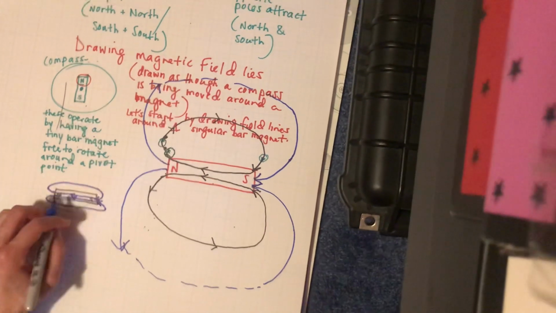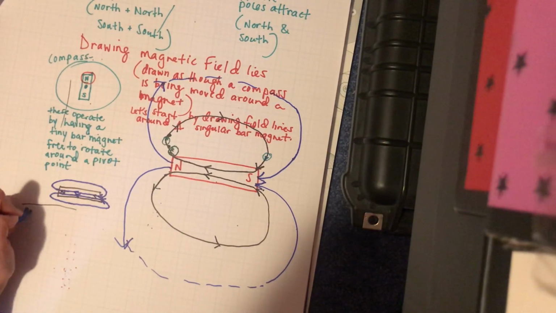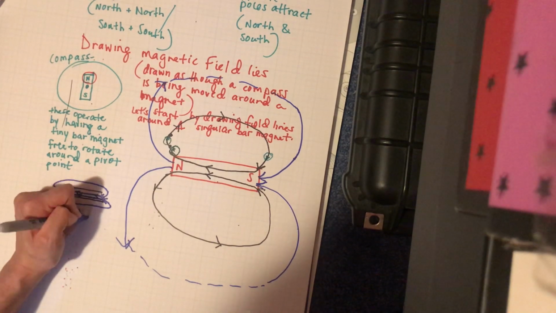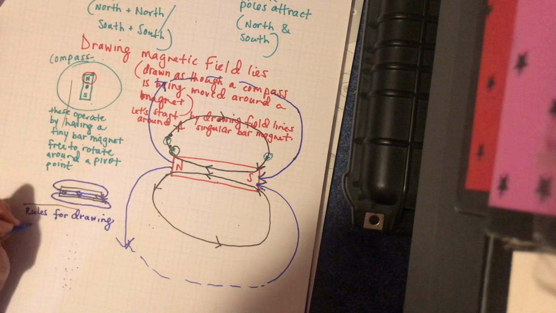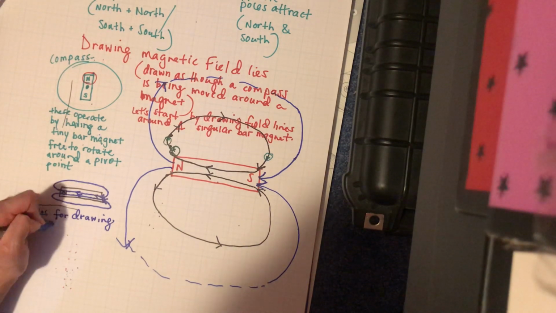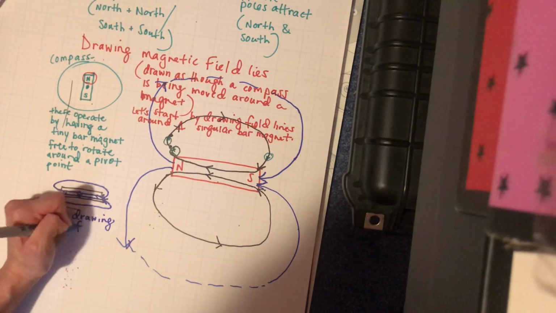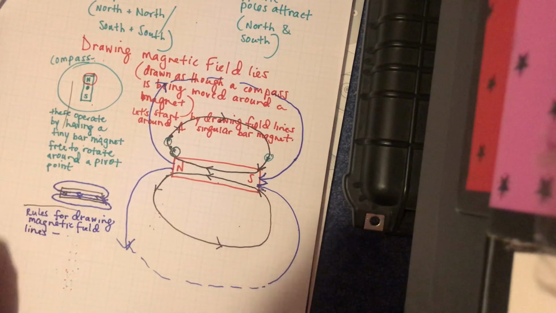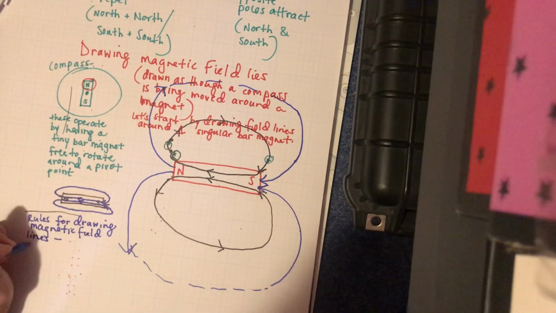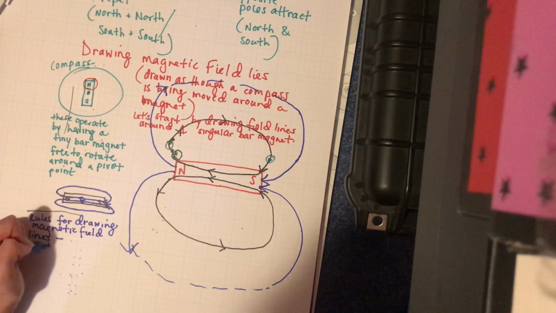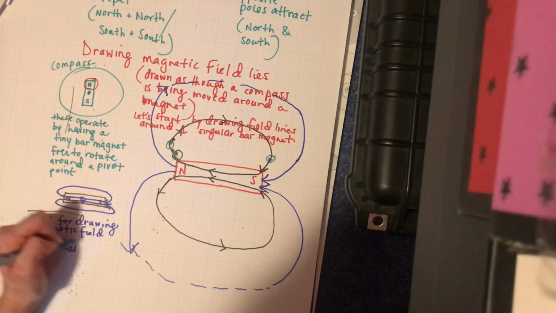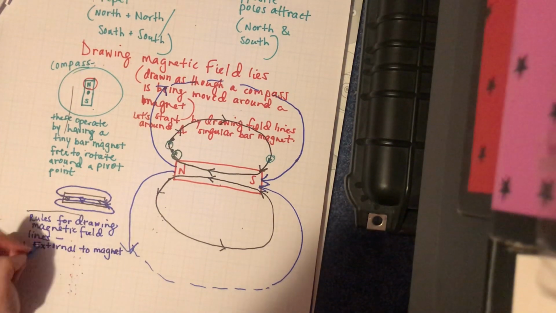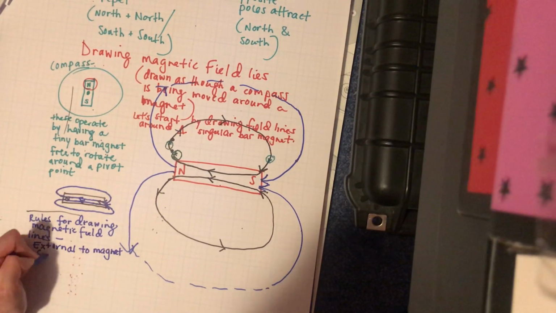Okay, so there are a couple of rules for drawing field lines. So let's just talk about those briefly. So rules for drawing field lines, specifically magnetic field lines. One, external to the magnet, the field lines go from north to south.